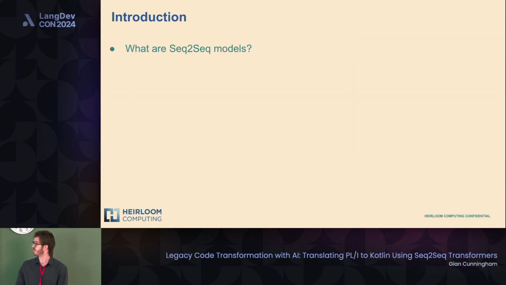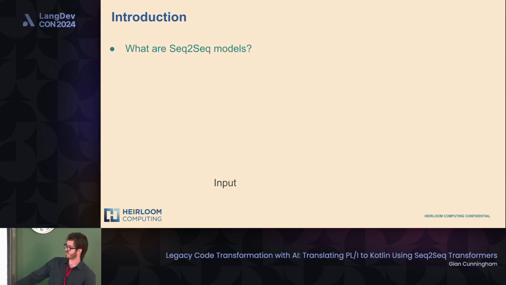All right, so to start off, what are sequence-to-sequence models? A sequence-to-sequence model is a machine learning architecture that is designed for tasks involving sequential data. Essentially, this is how it works.